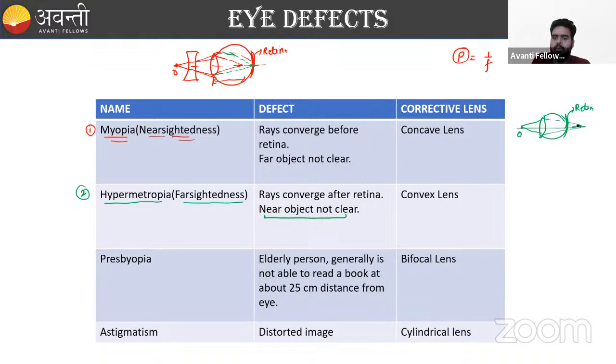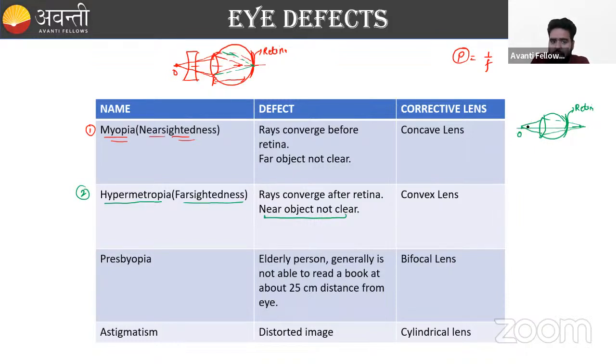Then what do we have to do? We can't see a clear image. So what we wish is that the final image is formed at the retina. We want to converge the ray at the retina. In order to do that, we have to use a convex lens.